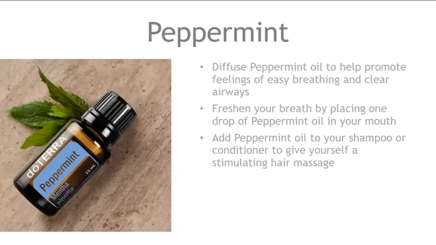Another way to use peppermint is by putting 2 drops into one of these little plastic spray bottles, like perfume spray bottles. You can get one on Amazon. Put just 2 drops, no more than 2 drops, into the bottle, providing it's more than 50 ml, about 60 ml, a reasonable sized spray bottle.